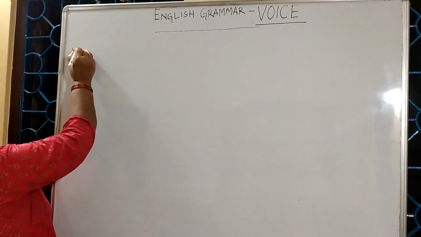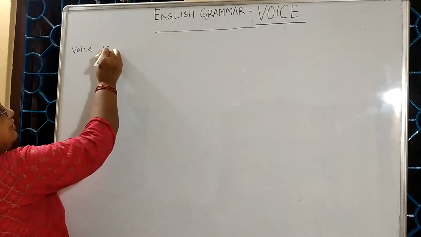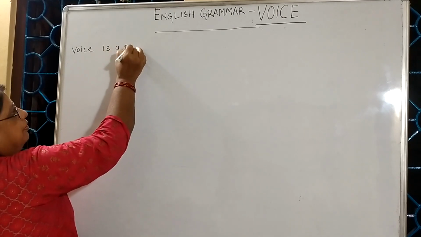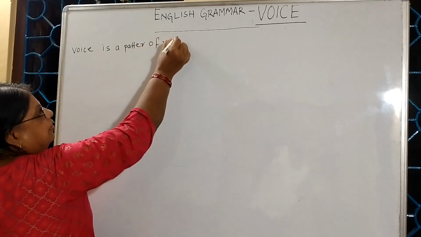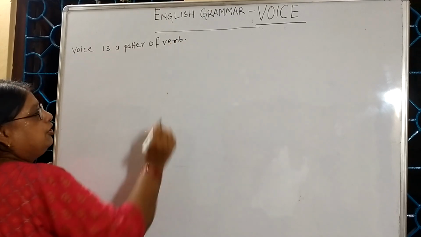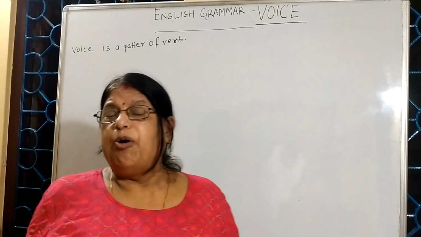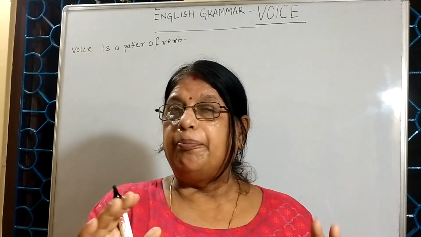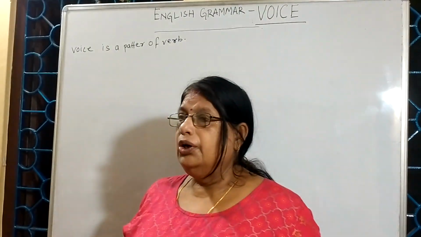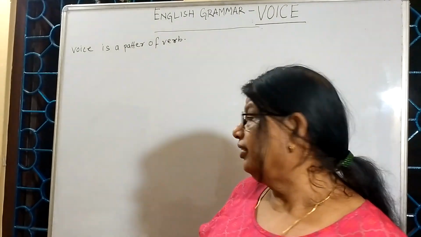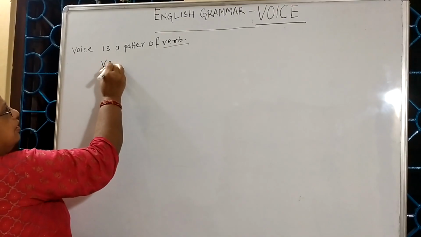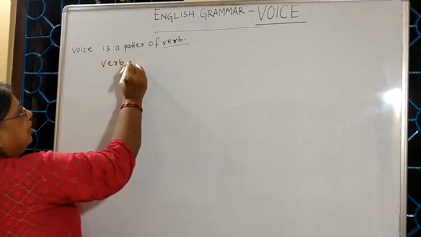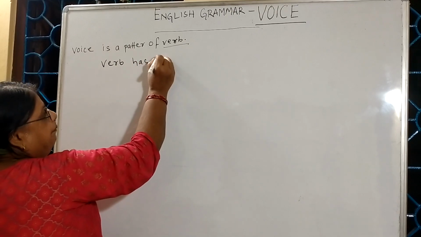Voice is a pattern of a verb. So let us see, a verb has 5 properties.